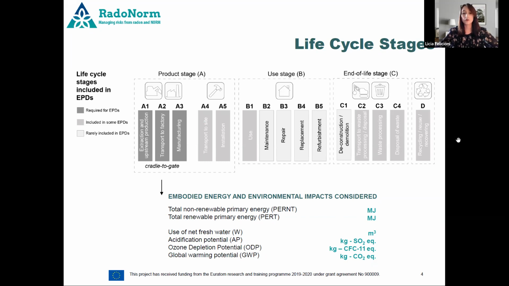For example, some of them are written below: the non-renewable primary energy used for extraction of that raw material, transportation and manufacturing. It is divided into non-renewable and renewable primary energy. Then there is also the use of net fresh water, and then it goes to the carbon impact, for example, the global warming potential.